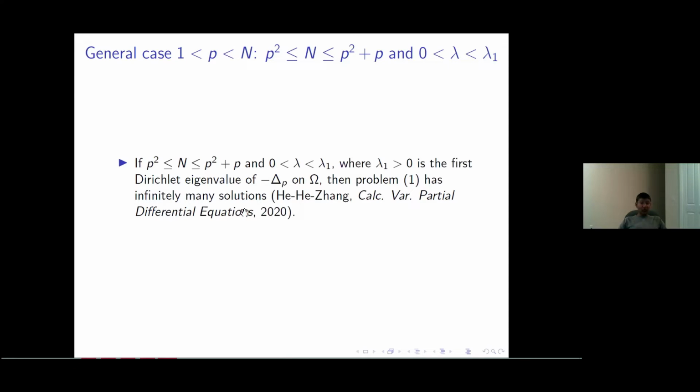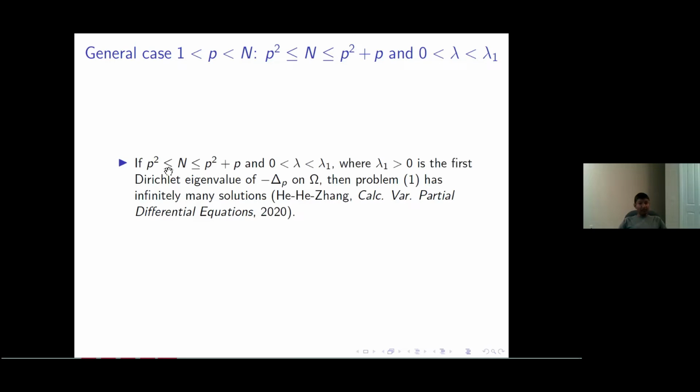And here's what's known when n is between p squared and p squared plus p. Again, notice that if p is equal to 2, this is saying that n is between 4 and 6. But now we are looking at the general case where p is between 1 and n.